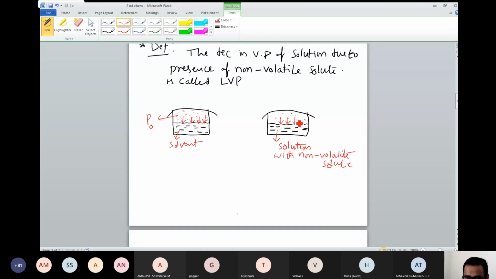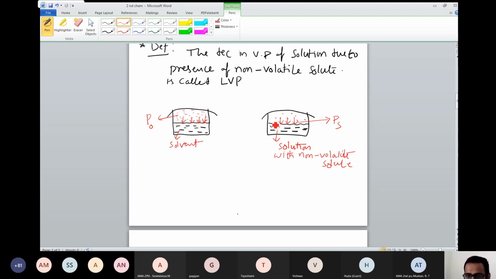So this pressure we call PS. What is P naught? Vapor pressure of pure solvent. What is PS? Vapor pressure of solution.